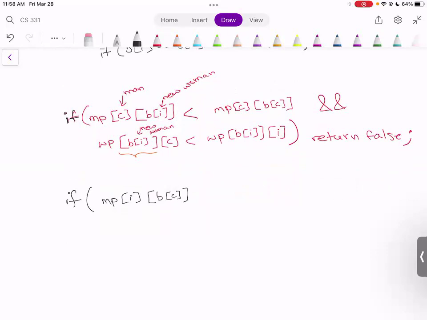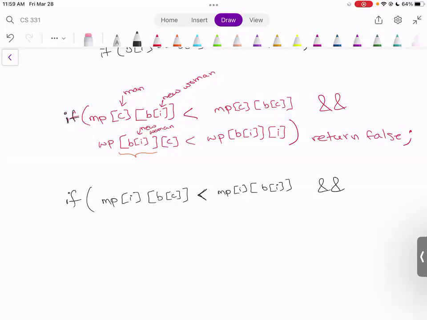No, I is for new, C is for current. Okay. So if the new man prefers the current woman to the new woman, obviously, because that's his partner right now. So MP of I to B sub I.